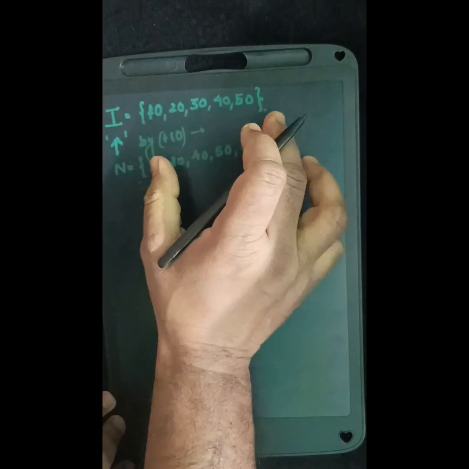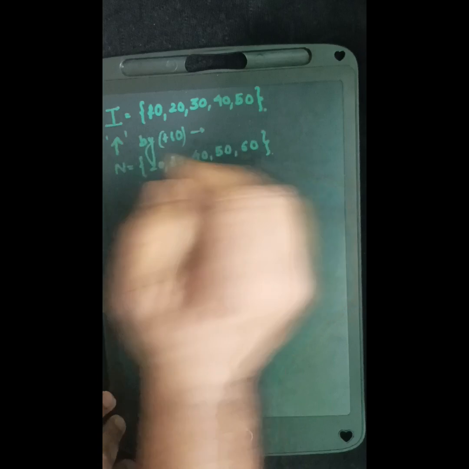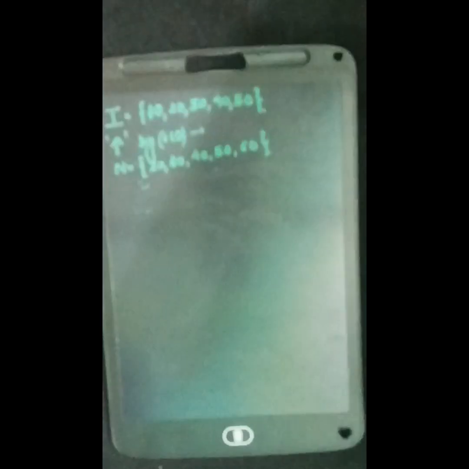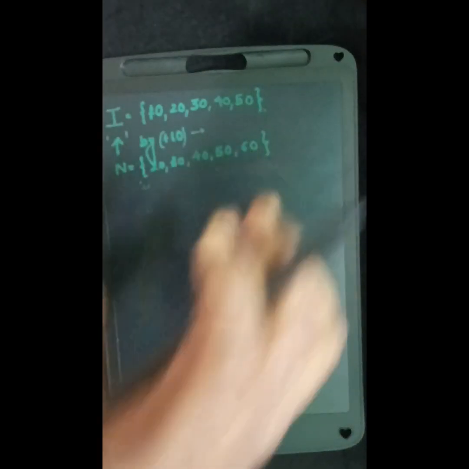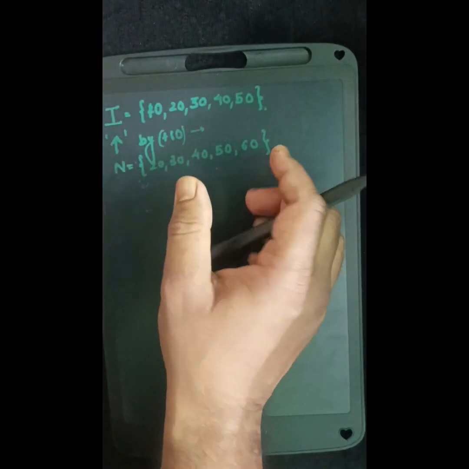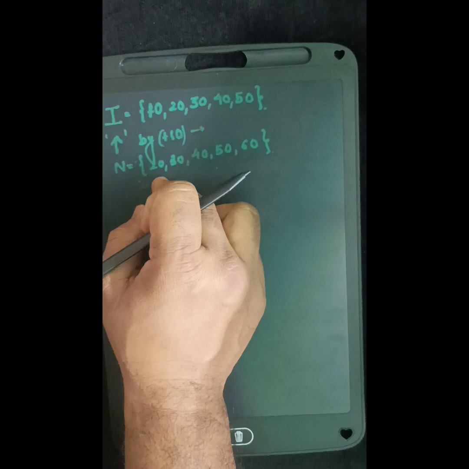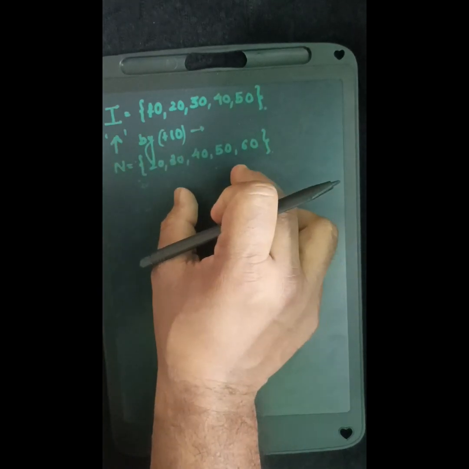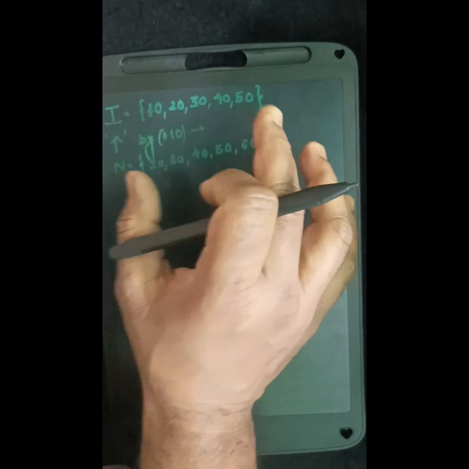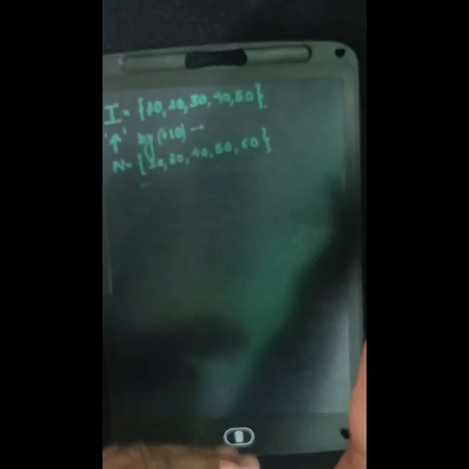That is, the range shifts from 10 to 50, to 20 to 60. But the in-between range remains the same: 50 minus 10 comes out to be 40 and 60 minus 20 is also 40. Therefore the in-between range remains the same, but the range moves towards the higher side, in this case by 10.